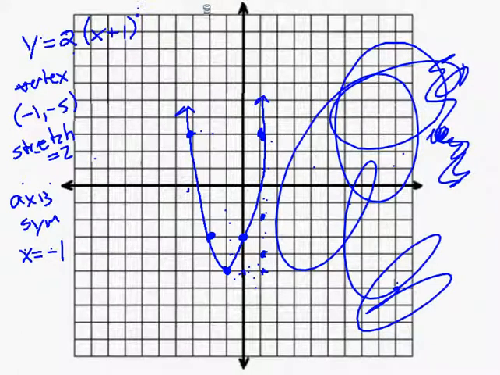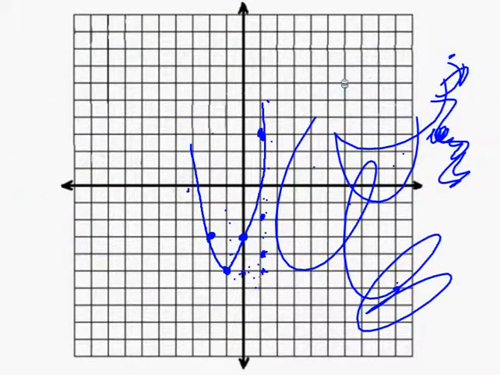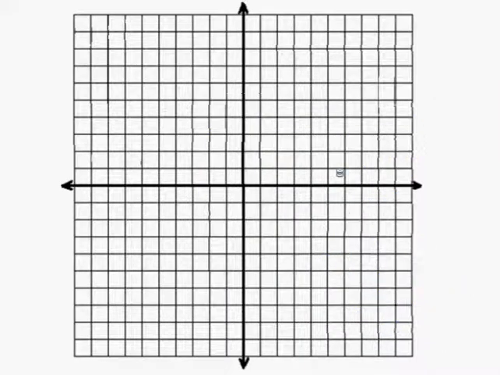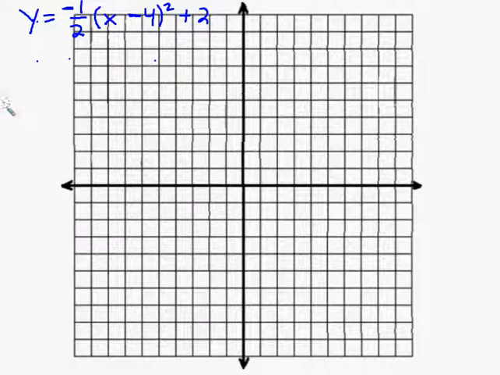Okay, we'll erase that. All right, what if I had a fractional one? So you might want your calculator handy if you have a fraction. Let's do y equals negative 1/2 parentheses x minus 4 squared plus 2. So what's my vertex?